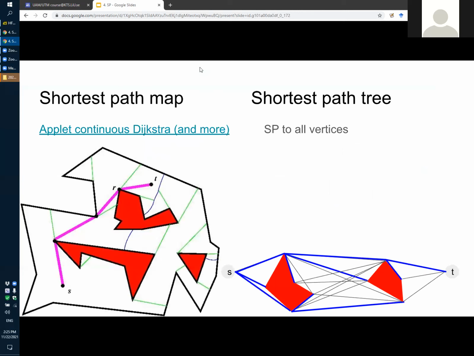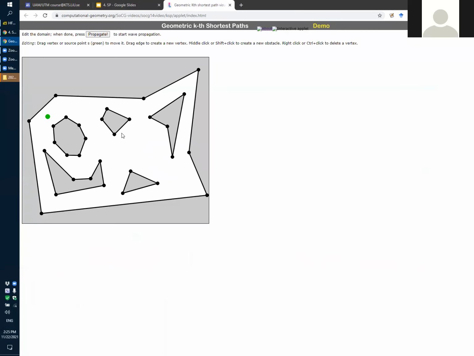On the other hand, if we speak about shortest paths in polygonal domains, Dijkstra's algorithm and wave propagation have a very specific meaning. And here I'm referring to an applet. You have the link from the slides, but I also make a note to add the link to the web page.